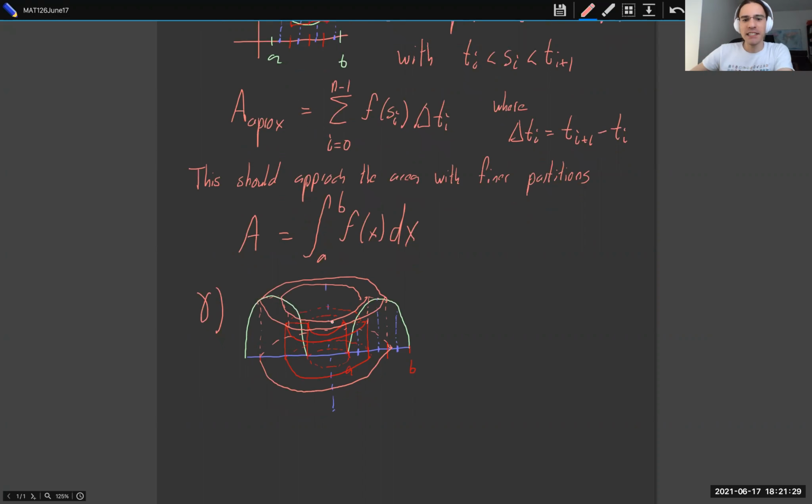Now, what is the volume of one of these cylinders? So suppose that we have here, let's just draw one of these cylinders specifically. So suppose that this is your x sub i. This is your x sub i plus 1. Sorry, I'm going to call them t sub i and t sub i plus 1.